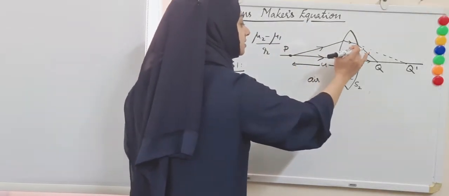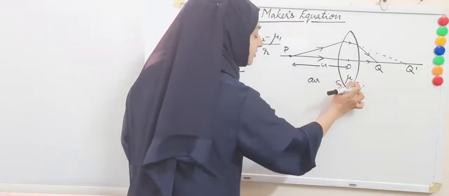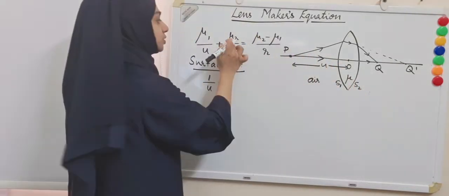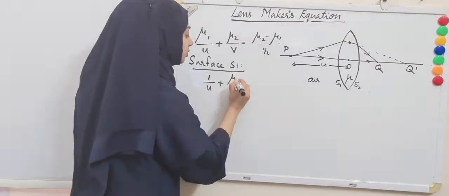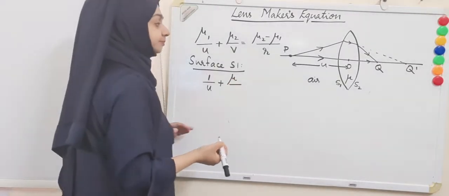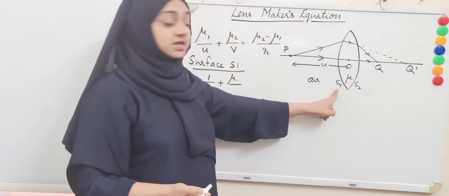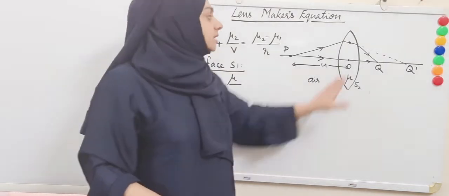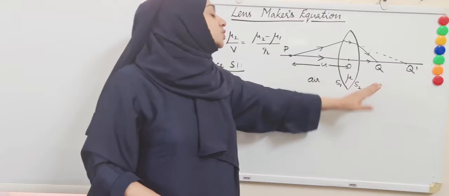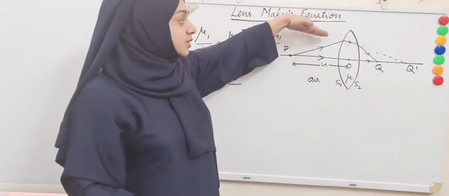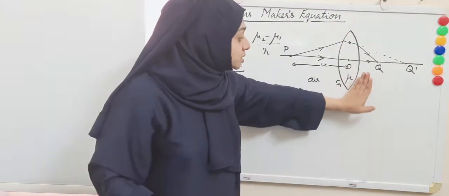It is the lens having refractive index mu. So instead of mu2, I am writing mu divided by. Now we are considering the refraction only at surface S1. So we assume that there is no surface S2 here. So we will assume the situation where there is no second surface.